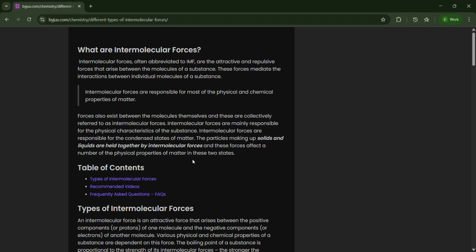So the basic idea, I think, is that if the intermolecular forces are strong, then the boiling point or the melting point of that molecule is going to be higher. If it is weaker, then it will also have a lower boiling point or melting point.